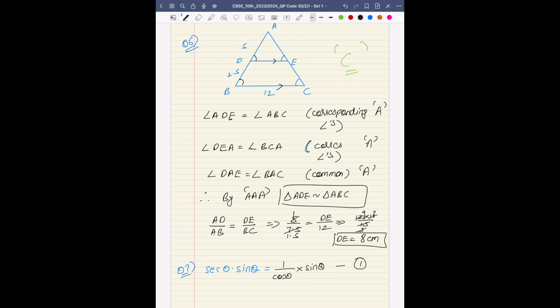And what is given? Sine theta is equal to cos theta is given. So sine theta upon cos theta is 1. So you can take the value from here and put it in this equation. The answer comes out to be 1, so the option for question number 7 is option C again.